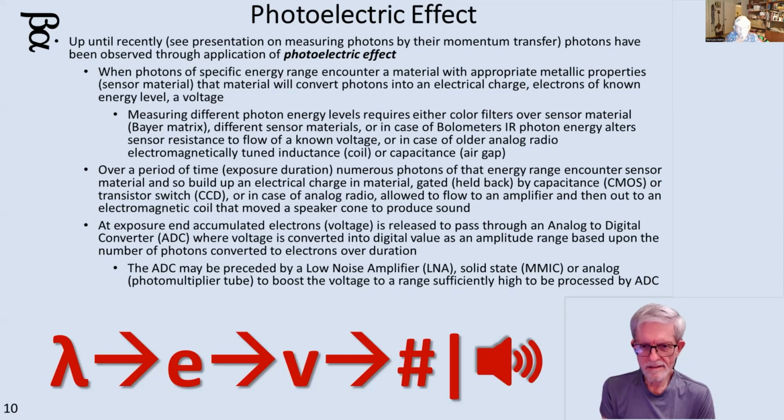It will basically excite electrons, and the electrons that get excited and produced will flow with a known voltage level. Photon, electron, conductor, store, and different colors, different wavelengths. You need different sensor materials in order to convert that particular photon's energy into an electrical value, a voltage.